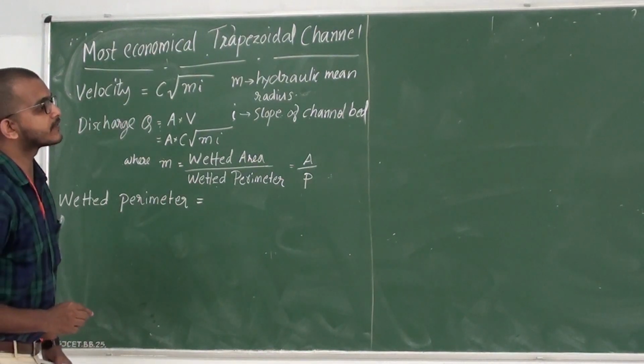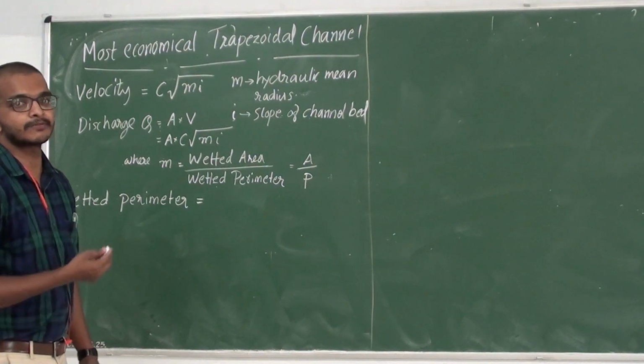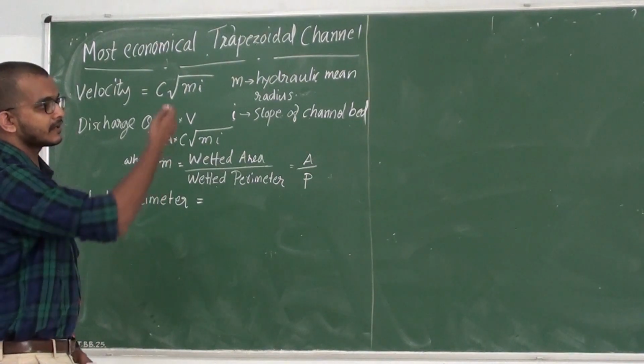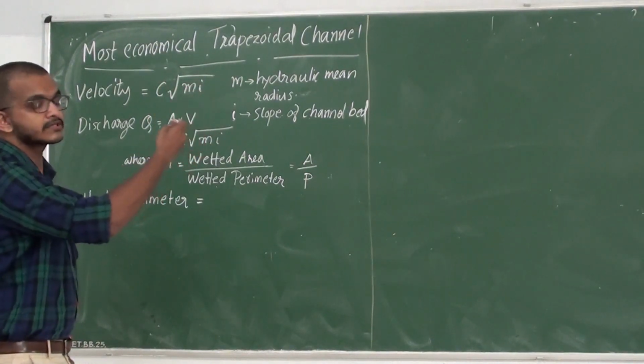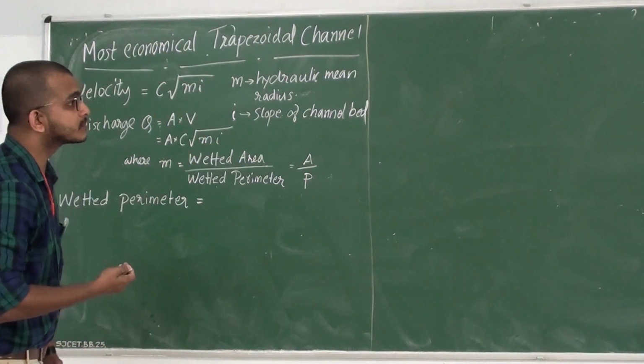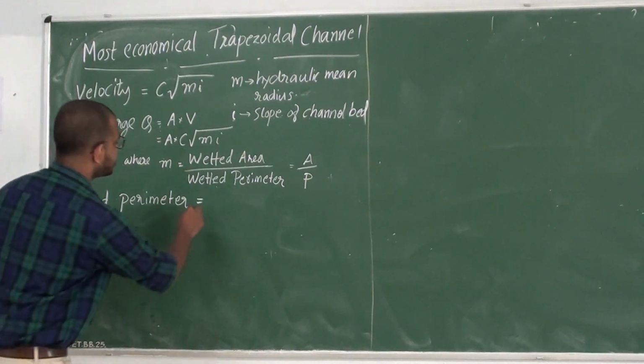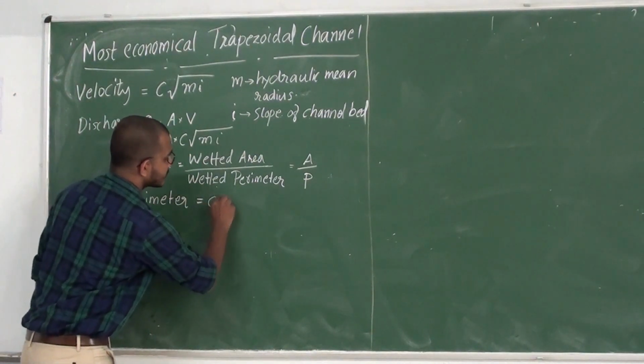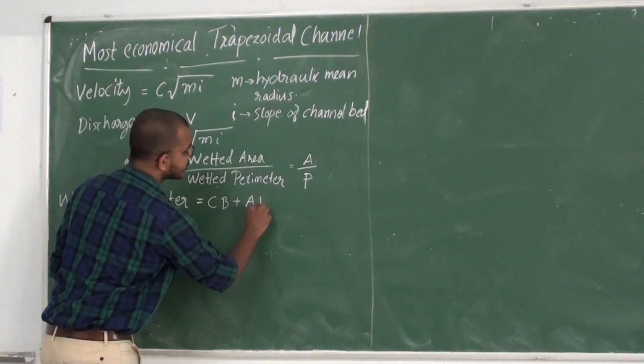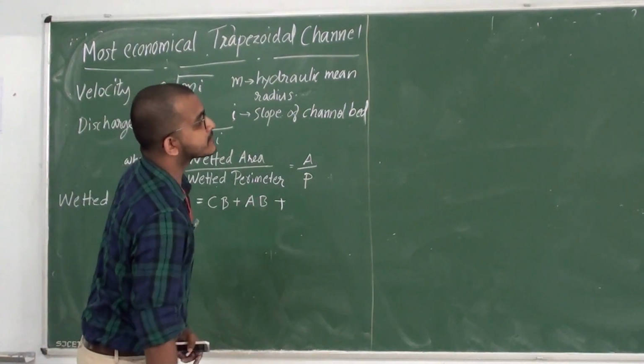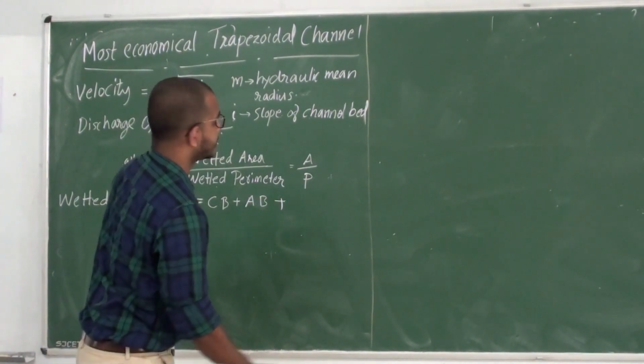From that figure, what is wetted perimeter? That is the length of the channel which directly comes in contact with the water. So that is CB plus AB plus AD.